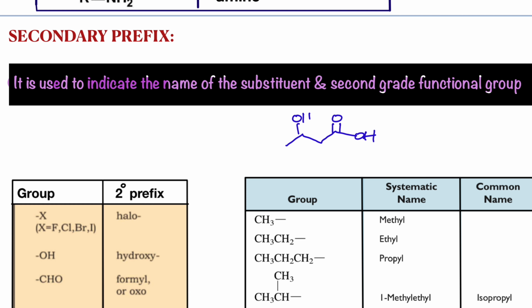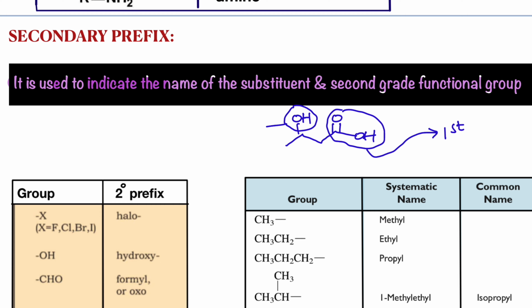Here you can see this is an organic compound, and here we have two different functional groups. One is carboxylic acid, another one is alcohol. According to IUPAC sequence rule, this carboxylic acid gets more priority, therefore it is a first grade functional group.